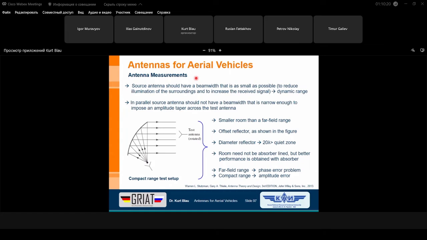Now, in the slides before, we discussed antenna measurement systems normally located in nature. And if you measure in nature, it's clear that we have to look at the sky.